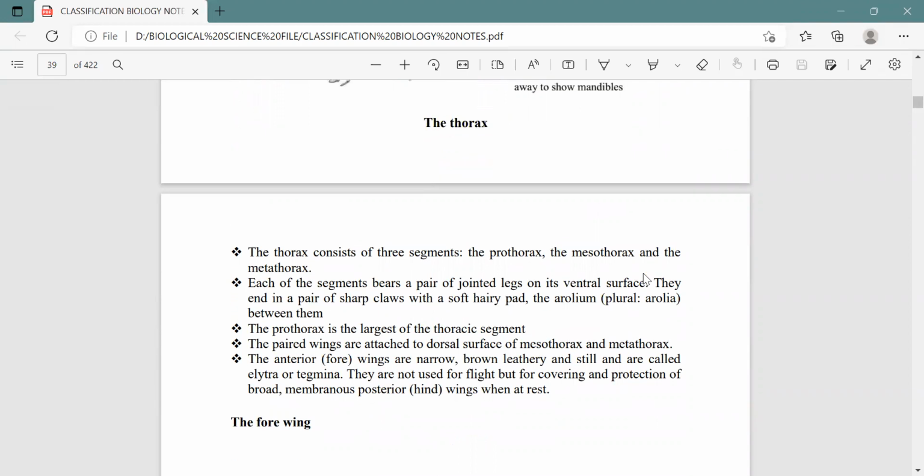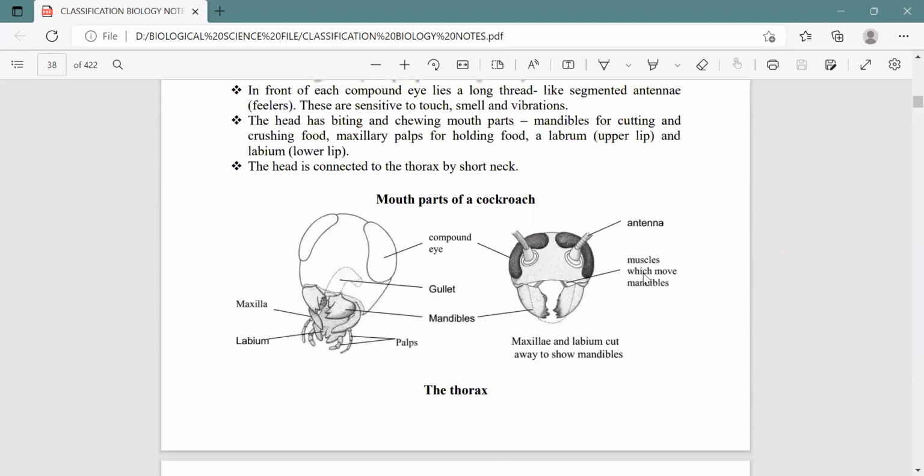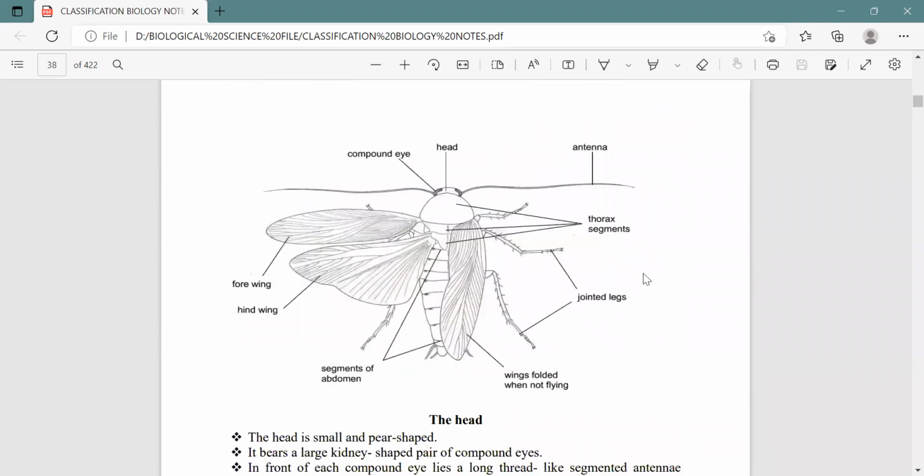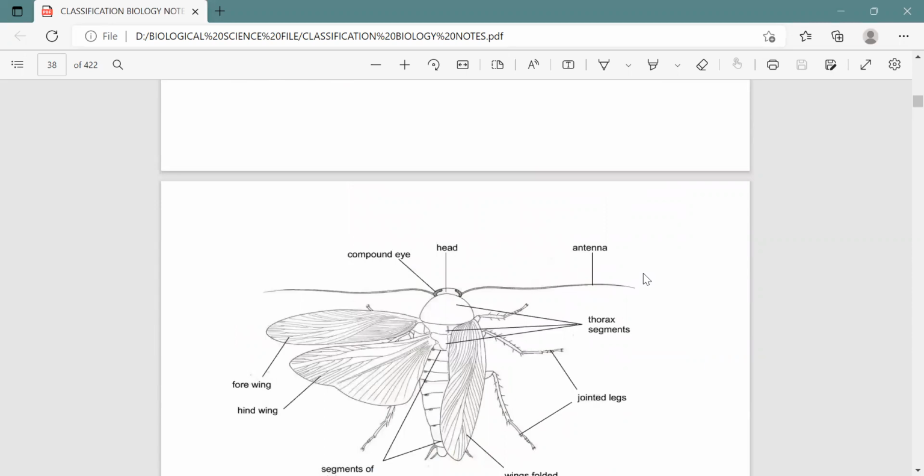Now, going back to the legs of these cockroaches, we can also name them depending on where they are located. If the legs are located on the first segment of the thorax, we can call them prothoracic legs.